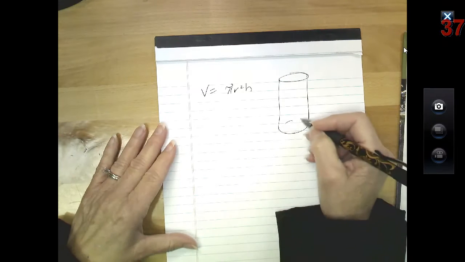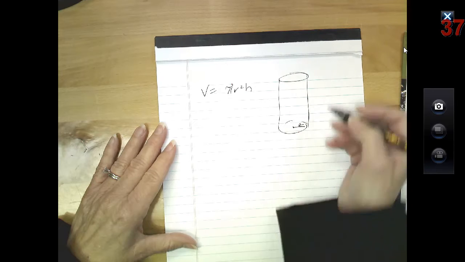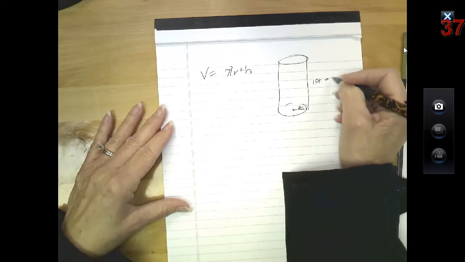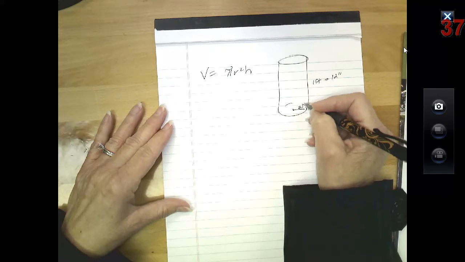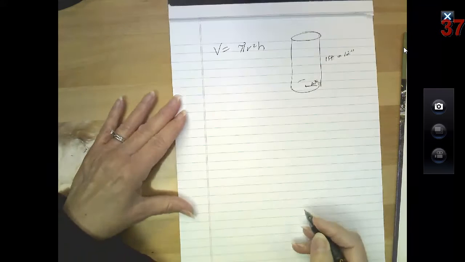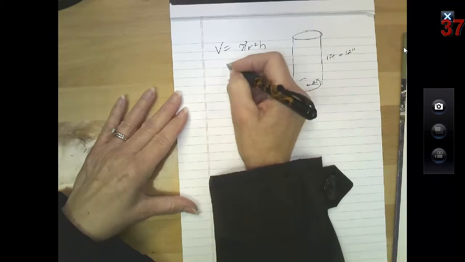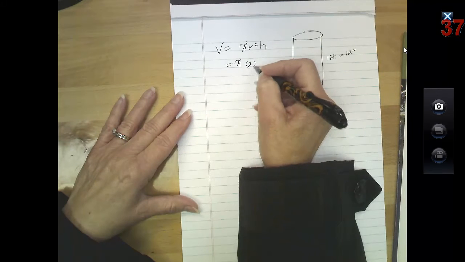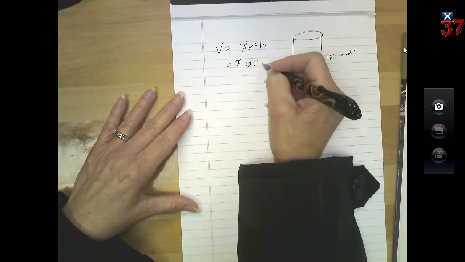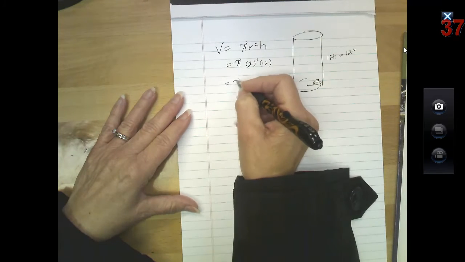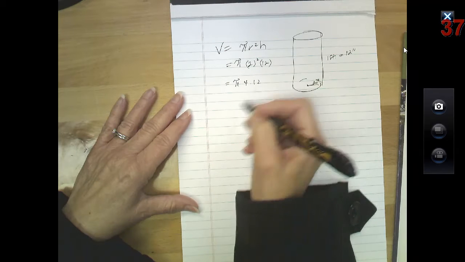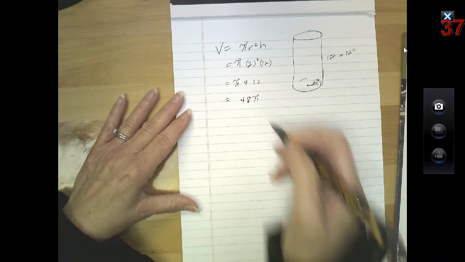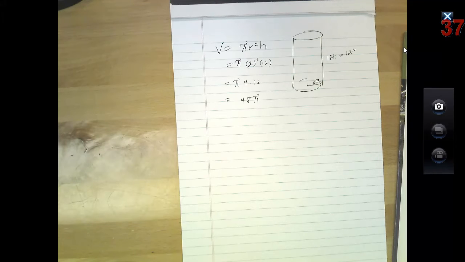And this is 2 inches. And this is 1 foot. Okay, I would change this into 12 inches because you always have to have them the same. Okay, so pi times the radius, which is 2 squared, times the height, which is 12. So that's 4 times 12. Okay, so 48 pi will be your answer on that one.